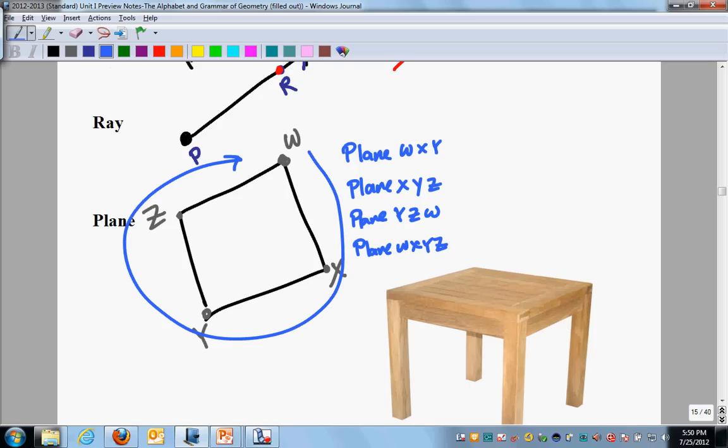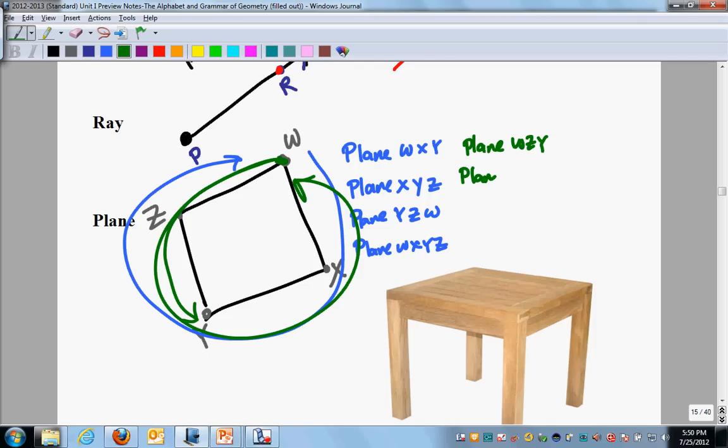You have to go either clockwise or counterclockwise, like so. I could call this plane WZY, going this way. Or to make it simple, plane WZYX.